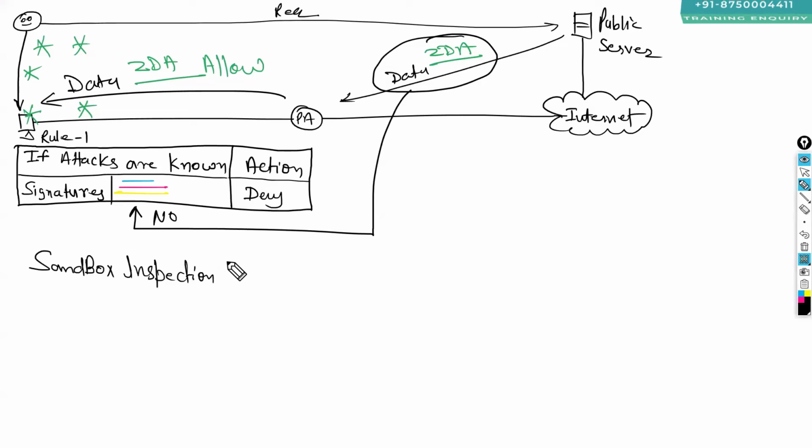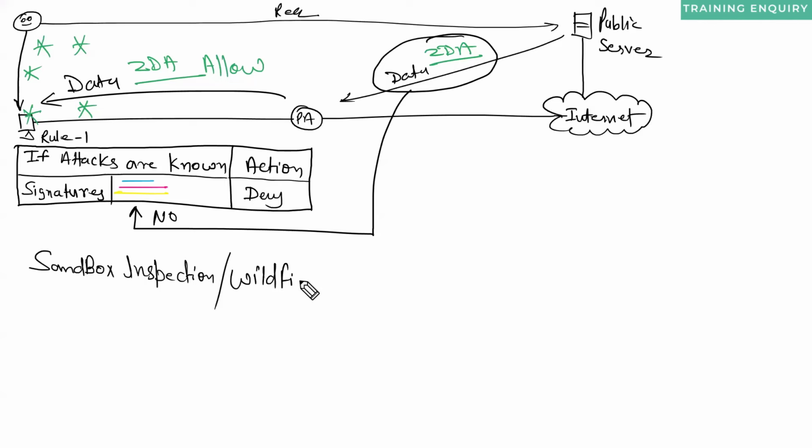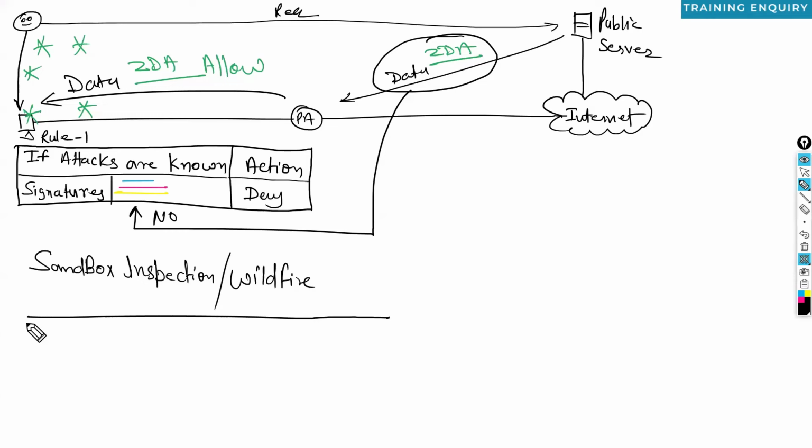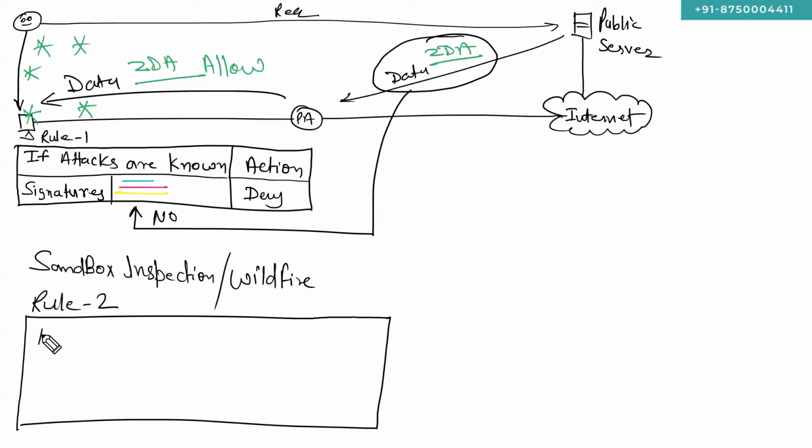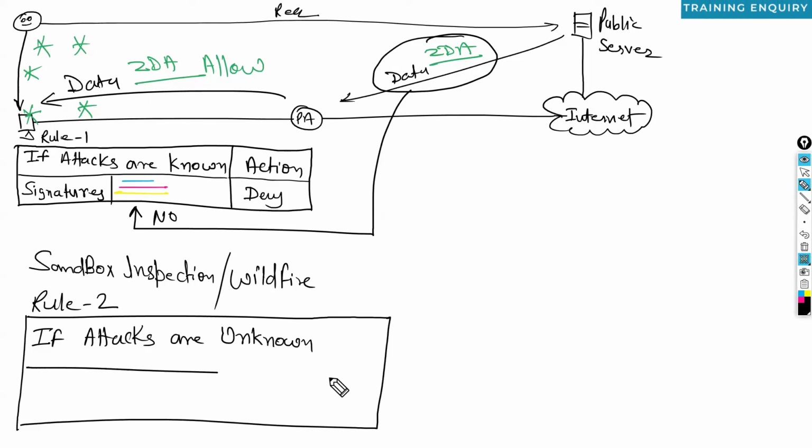This sandbox inspection is marketed by Palo Alto with the name of WildFire. Okay, what do we do in sandbox inspection or in WildFire? We configure a second rule and we tell the firewall: if attacks are unknown, then you have to take action.